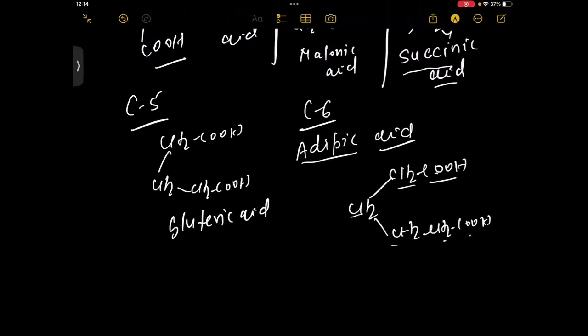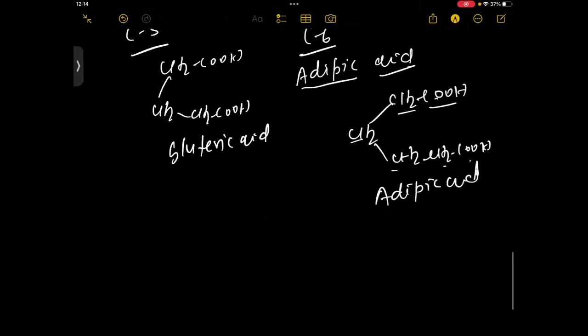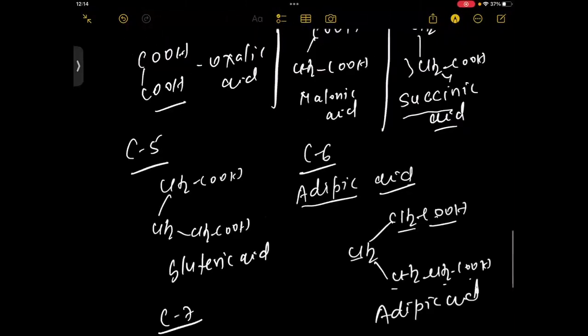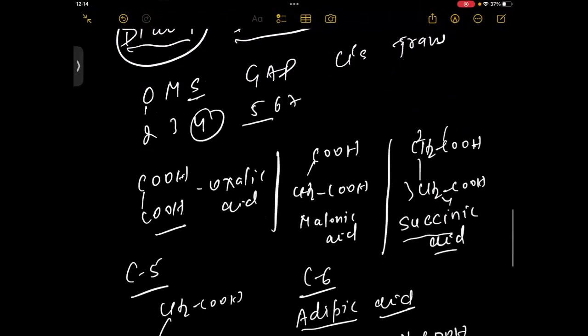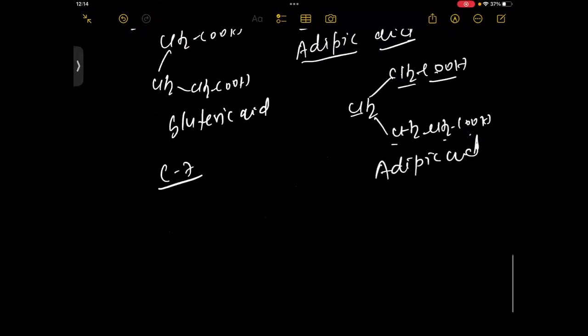Okay. And next is the 7 carbon, C7. See the trick I have given here: 1, 2, 3, 4 starts and goes to the 7. The 7 carbon one is called pimelic acid. And pimelic acid, how to write exactly?